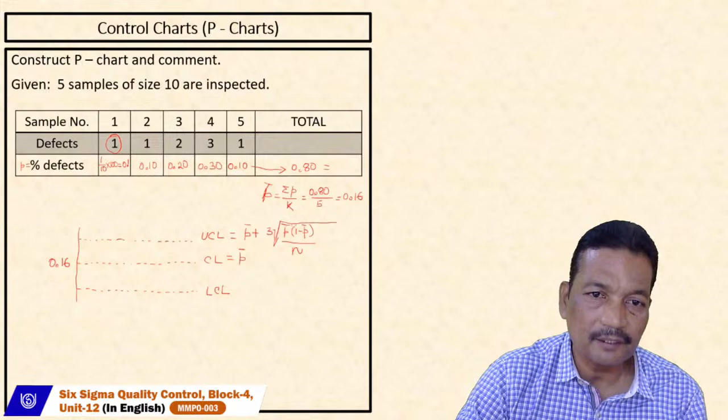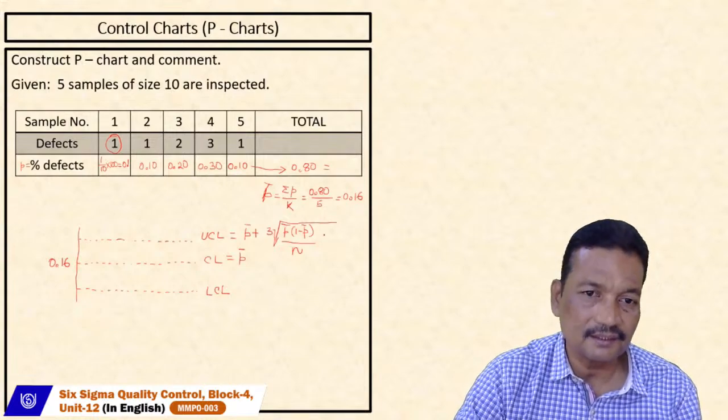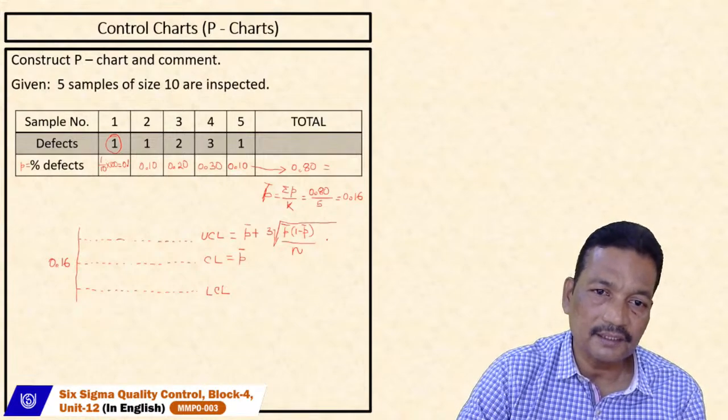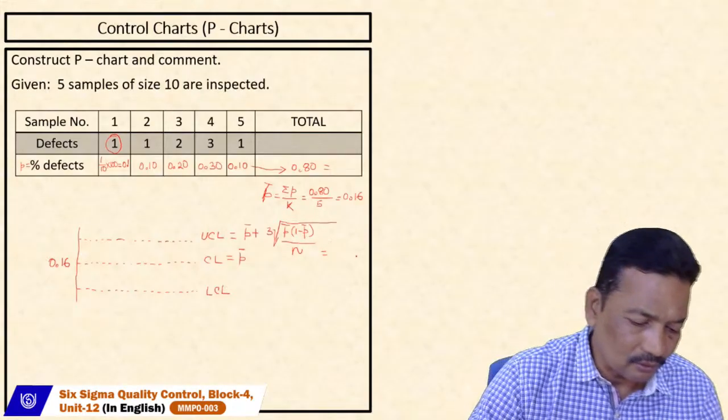P bar we have already calculated as 0.16. So when I put all the things, I get a value.